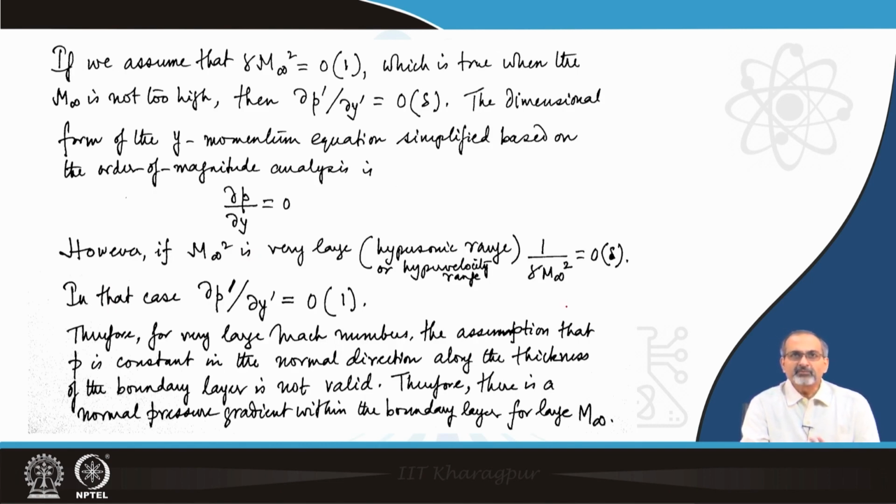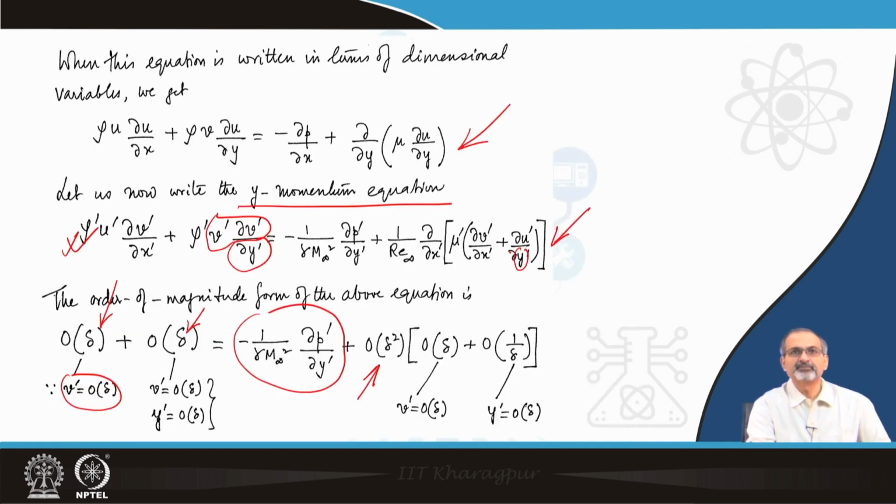We make an assumption at this point that if this term, gamma M infinity square, which is a coefficient acting on the pressure gradient, happens to be of order 1, which is true when the M infinity is not too high, then the pressure gradient term will be of order delta. Why is it? Because if you go back to this equation, you can clearly see all the remaining terms here, they are of order delta, right.